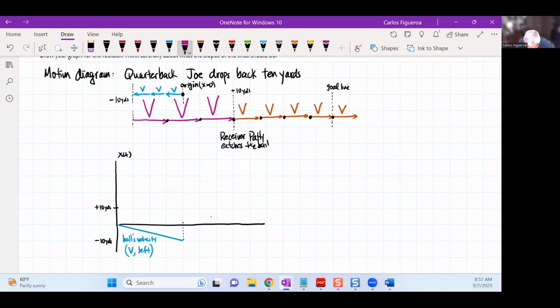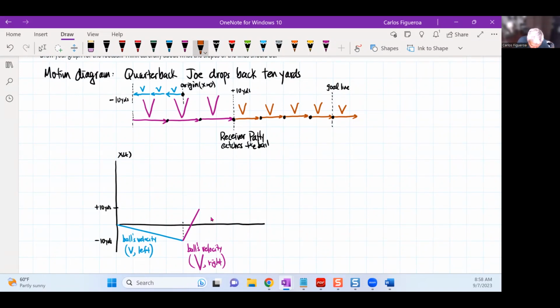So now what does the ball speed look like? Well, the ball speed now is very steep. So now if I continue to look at the ball's velocity, it has a high speed, but now it has changed direction. And now Patty catches the ball and moves at a steeper slope.